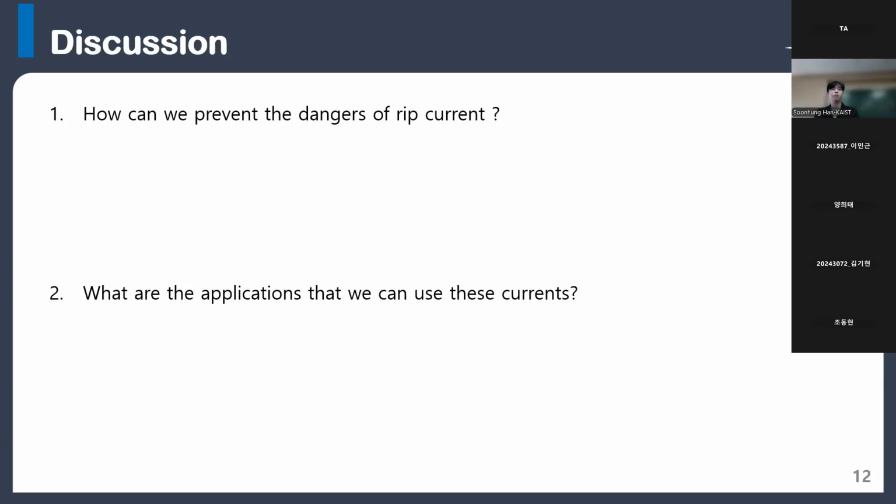You can use them to generate power, and also you can use the Langmuir circulation, because the effect of Langmuir circulation is to promote vertical mixing, so you can supply underwater oxygen. That's all, my last answer.